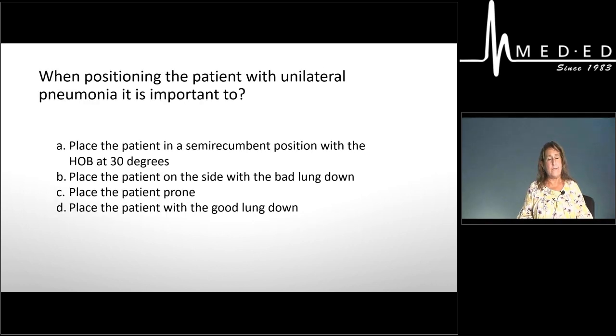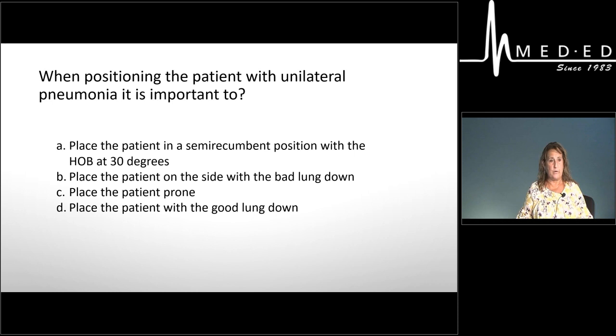This is one that you might see on the exam too, and I didn't talk about it in the pneumonia section, so I wanted to throw it in as a question. When positioning the patient with unilateral pneumonia, so on one side or the other, it is important to place the patient in a semi-recumbent position with the head of the bed at 30 degrees. Place the patient on the side with the bad lung down.